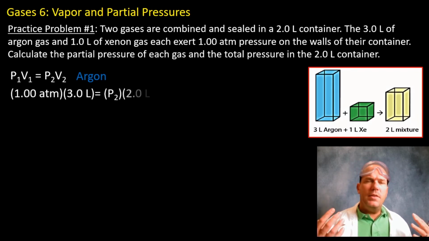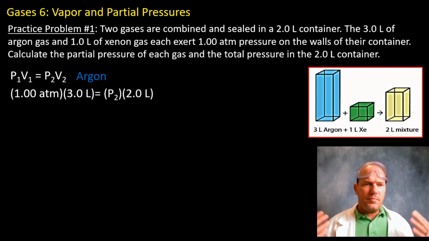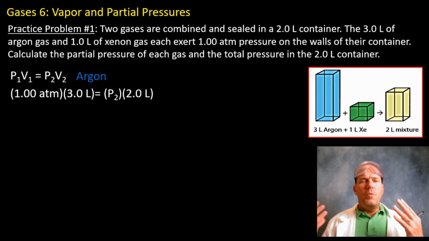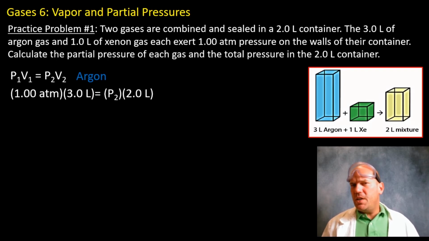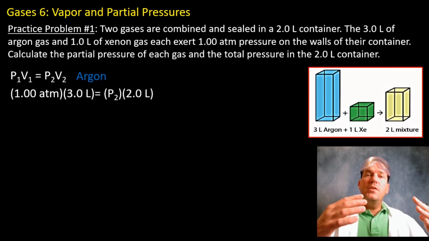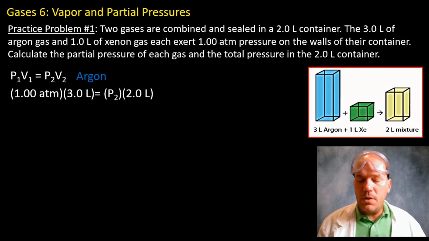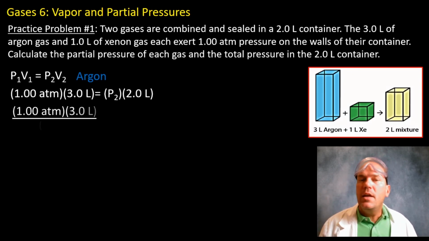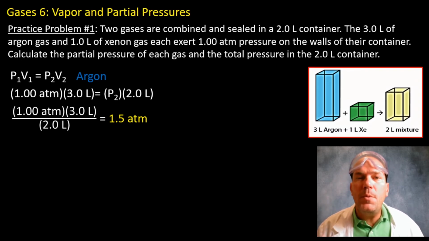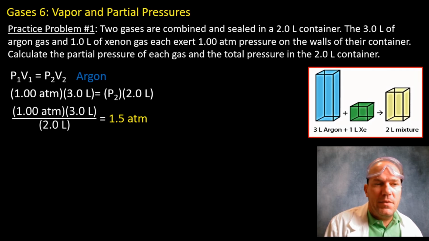Here at 1 atmosphere, in a 3-liter vessel, we are able to equate that to pressure 2, but in a smaller vessel, a 2-liter vessel. Let's get a number for that. Rearranging and solving for P2, we get our new pressure in the 2-liter vessel to be 1.5 atmospheres.